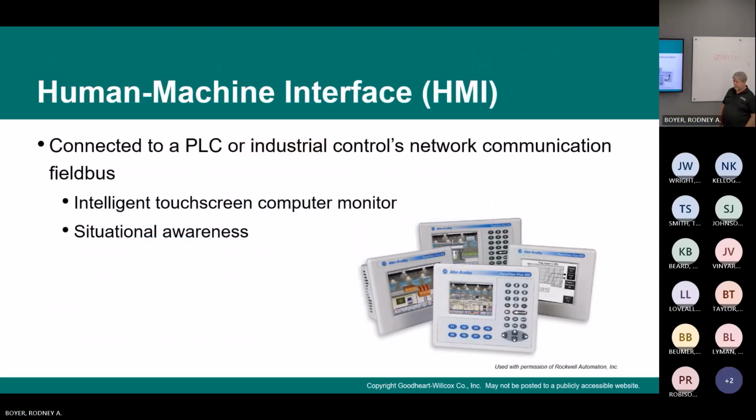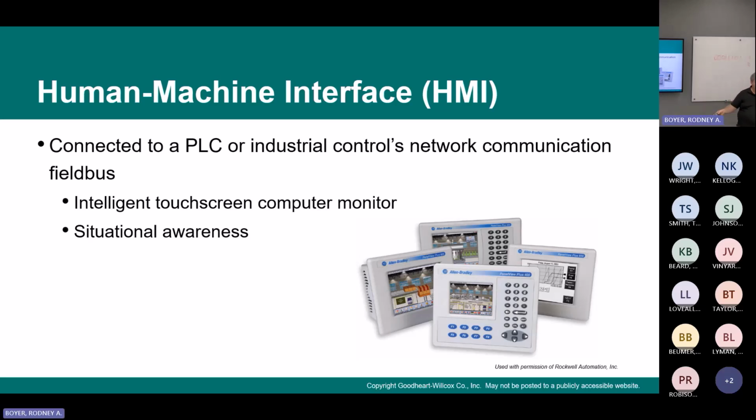HMI. Again, those that are shown on that screen right there are OITs. They're electronic devices. Human machine interface is, I'm interfacing with my computer using this little handheld doodad.